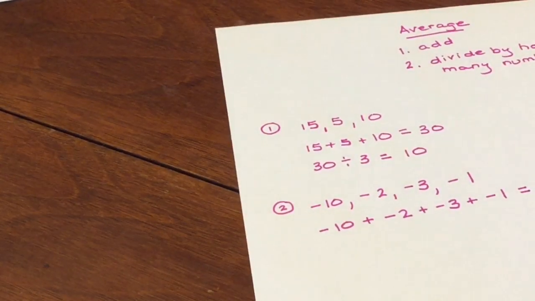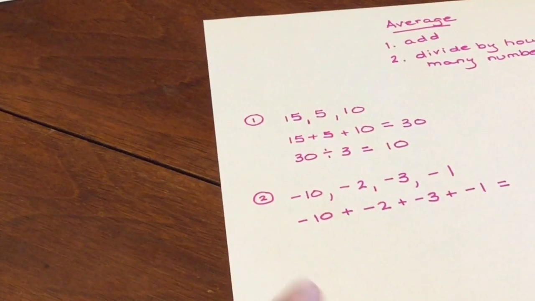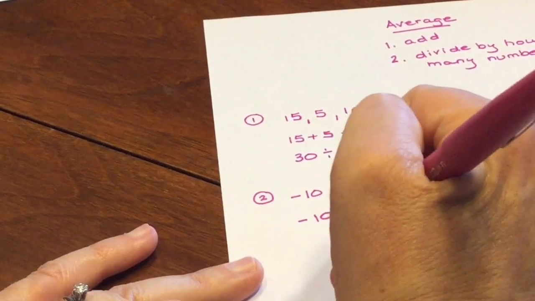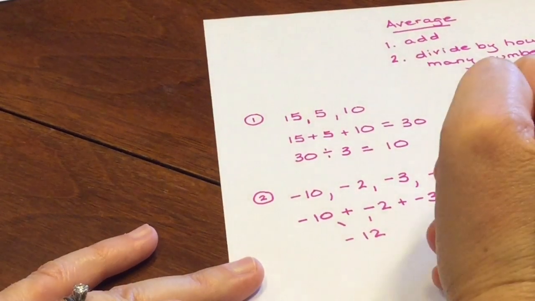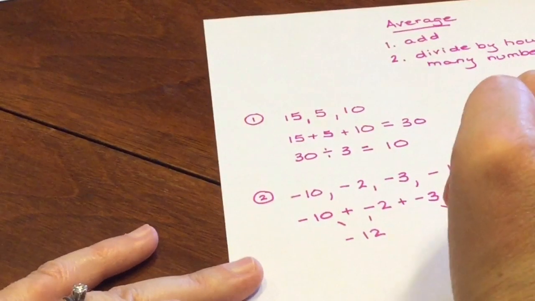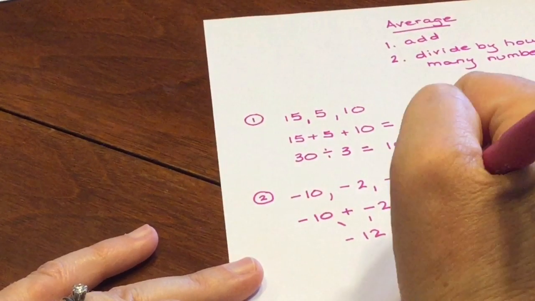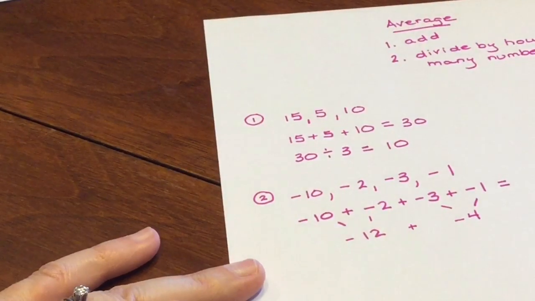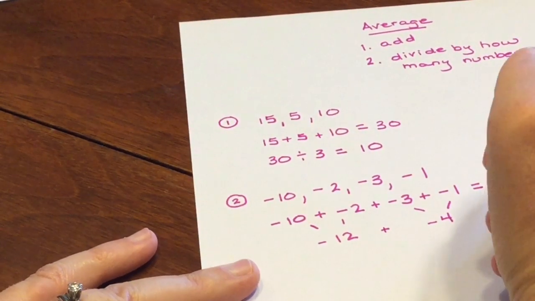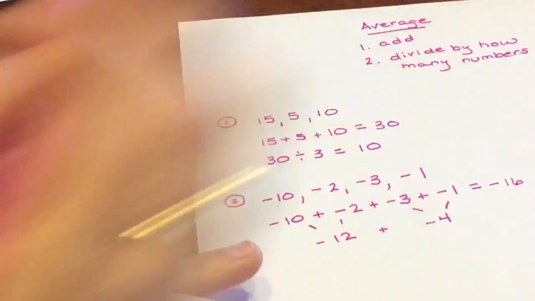In this case, all of the numbers are negative, so I'm really just adding the numbers up. Okay, a negative 10 and a negative 2 gives me negative 12. Okay, and then if I wanted to pair these up, a negative 3 plus a negative 1 is a negative 4. And then I'm adding a negative 12 plus a negative 4, and that gets me negative 16.